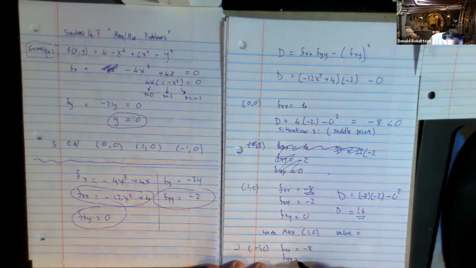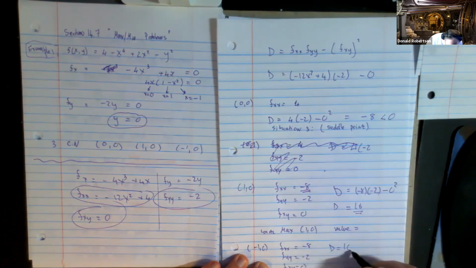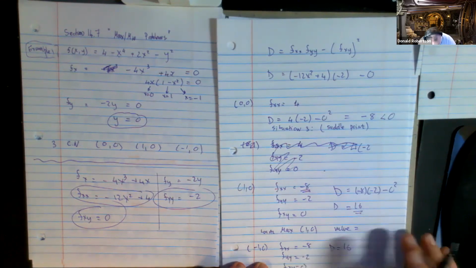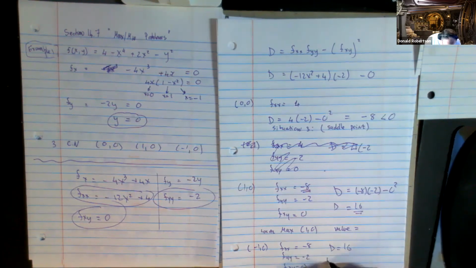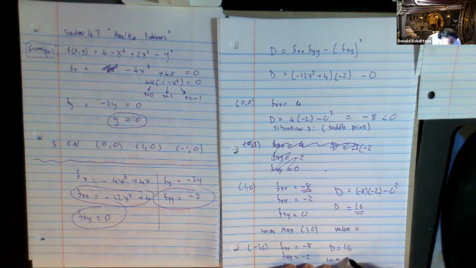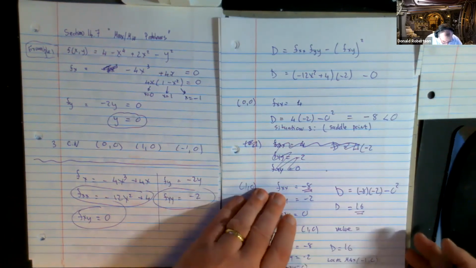This guy is that. This guy is that. D ends up being 16, positive again. In this case here, the second derivative is also negative, so you have another local max, but this time at the point -1, 0.